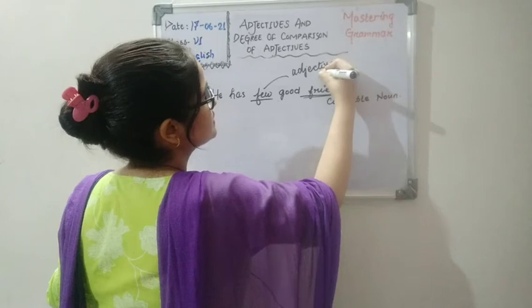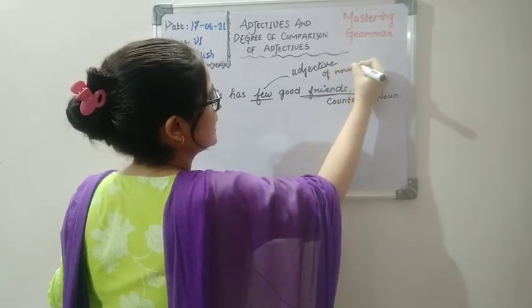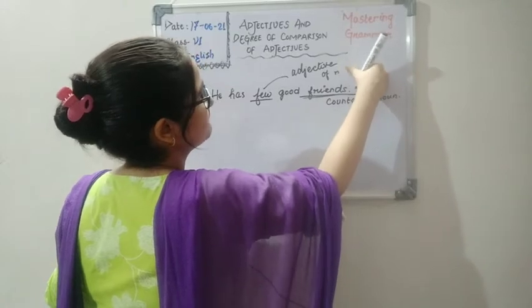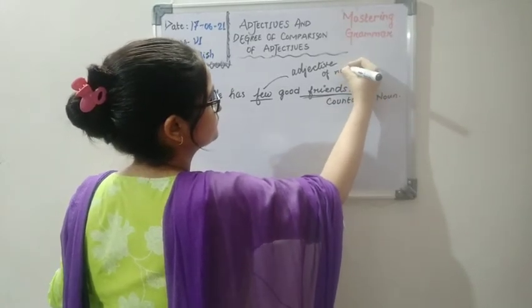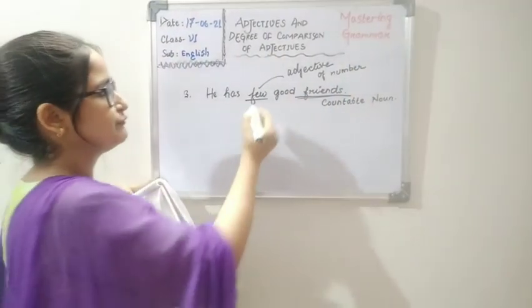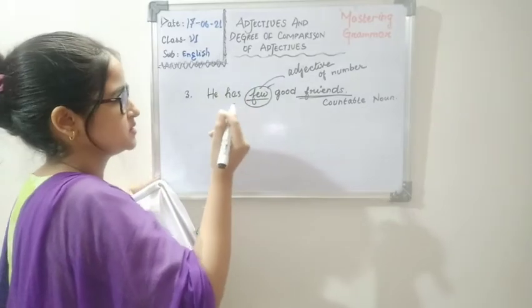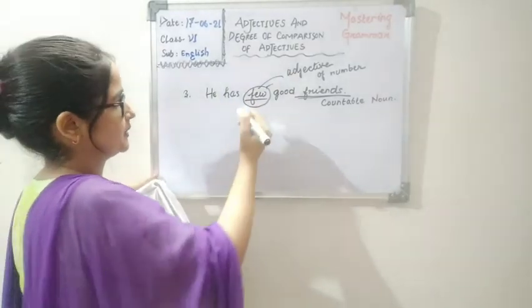Because it is countable. Here few denotes some quantity in number actually.